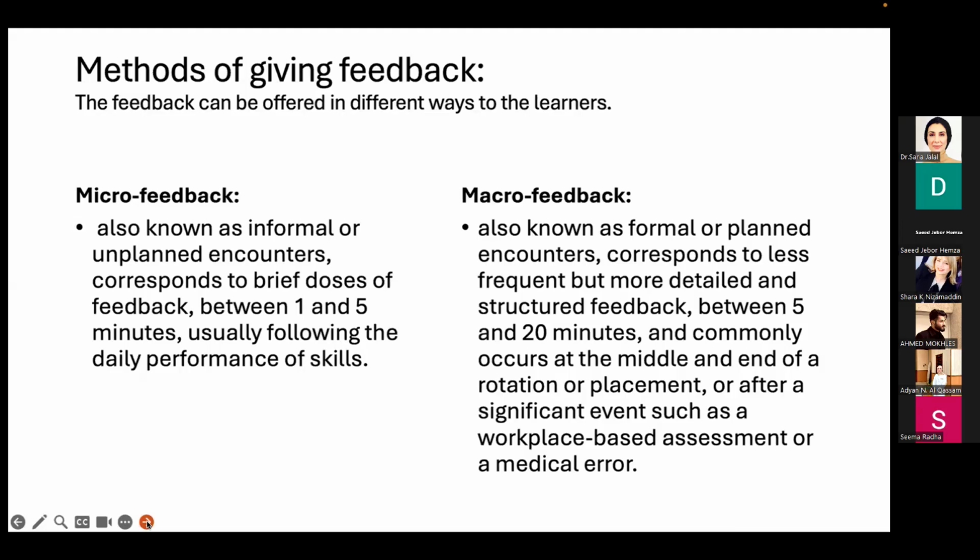Or something of the hidden curriculum has happened, an event where you have to give feedback. That has to be done in a timed and structured way, where arrangements are made and a proper discussion happens. I would also say always document your feedback, because there is a lot of legality associated with this in this day and age.